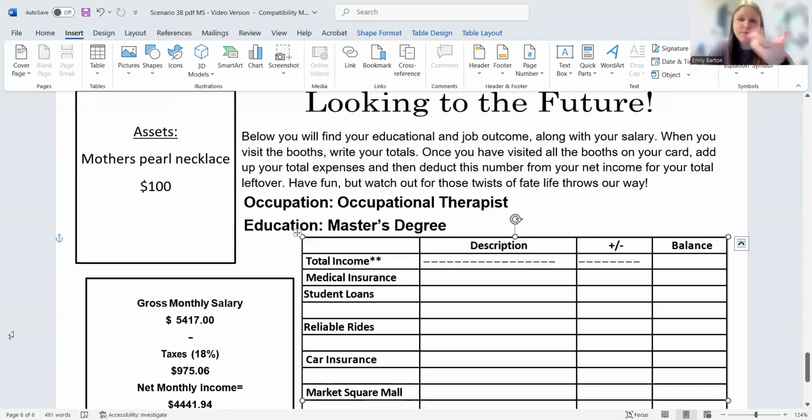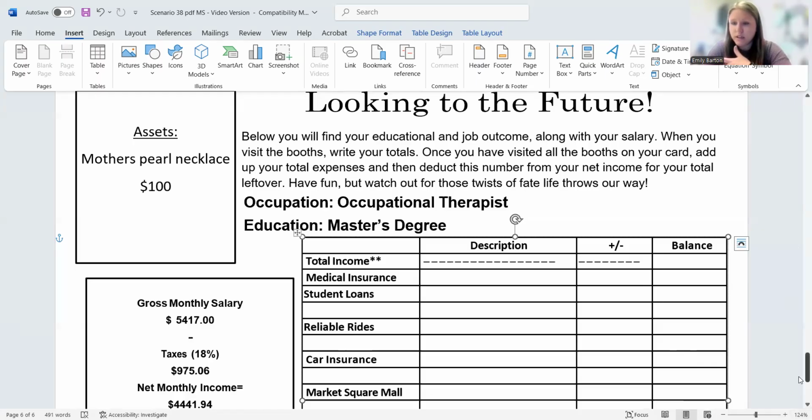You may have a set of gym equipment, a musical instrument, something that during the simulation you can sell. So that's there as an extra item. If you wanted to sell it and make a little bit of money, there's an option during the simulation for that as well. So today we are going to work on getting to our final total balance in order to be ready for the simulation.